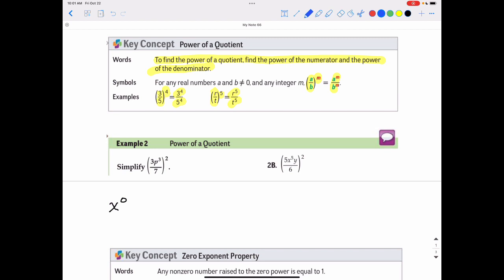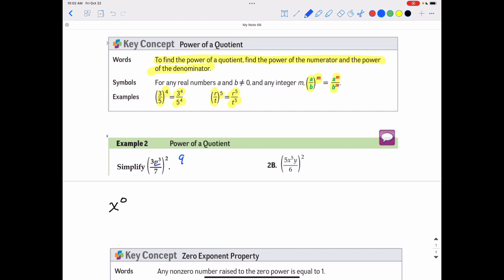So if I'm simplifying 3p to the 3rd over 7, and all of that is squared, remember to follow your order of operations. Look inside parentheses to see if anything can be simplified there. It can't, so now we're just going to take every part to the 2nd power. Remember, this 3 is not an exponent, so we're not taking 3 times 2. We're taking 3 to the second power, and that will be 9.